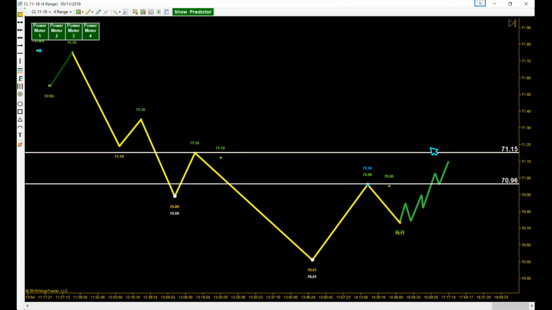But you got to be careful, because if it pops in your face, you want to get out quickly, because you might be, to give an example, on a huge thrust up that pulls back 20 ticks or so. Okay, so everybody just remember that.